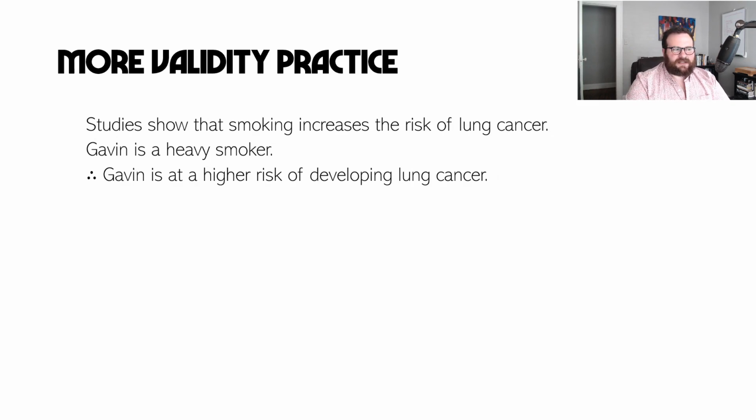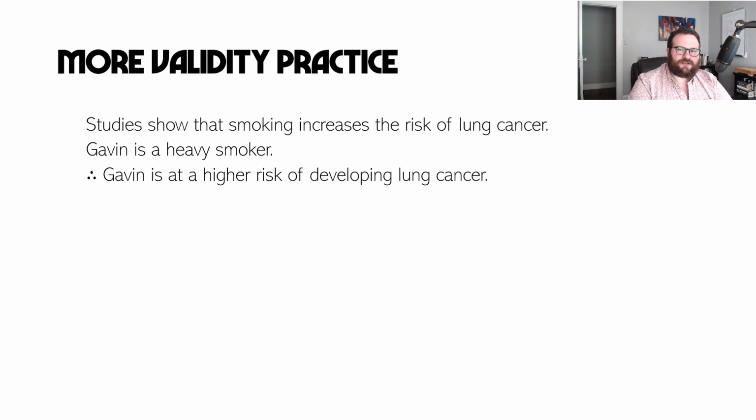Let's look at more practice for validity. We've seen these before. Studies show that smoking increases the risk of lung cancer. Gavin is a heavy smoker. Therefore, Gavin is at a higher risk of developing lung cancer. So let's assume that both premises are true. Studies do show that smoking increases the risk of lung cancer. And, as a matter of fact, Gavin is a heavy smoker.